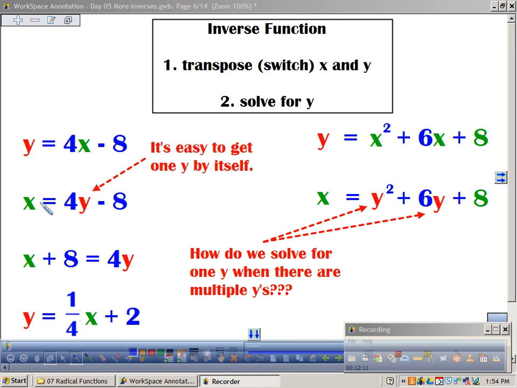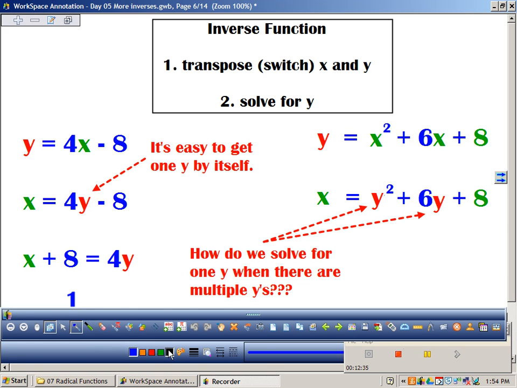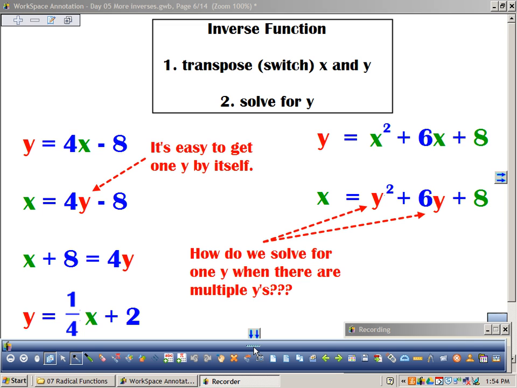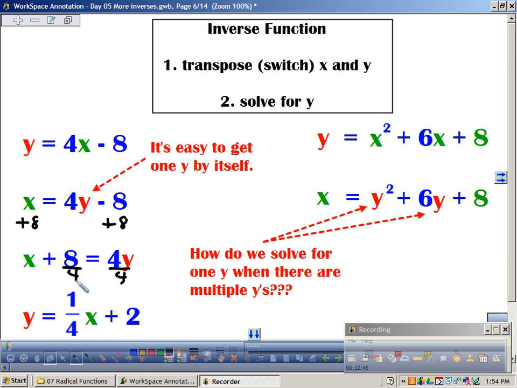And then I would just add 8 to both sides, so now I've got x plus 8 equals 4y. And then if I divide everybody by 4, that's what happened here. So on this step, we switched x and y. To get to this step, we added 8 to both sides. This step, we divided everybody by 4. And I'm left with y equals 1/4 x plus 2. Okay? So that's the inverse.